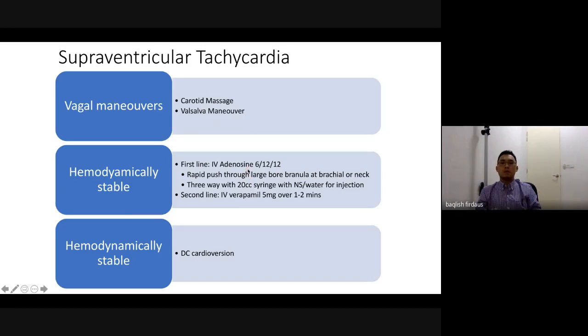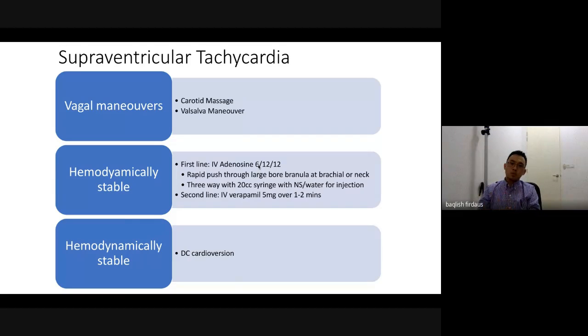Give 6 mg adenosine. Then after that, give another 12 mg, and if still not reverted to sinus, you give another 12 mg. You need to use an IV line close to the heart, whether from the brachial or at the neck, a big vein.